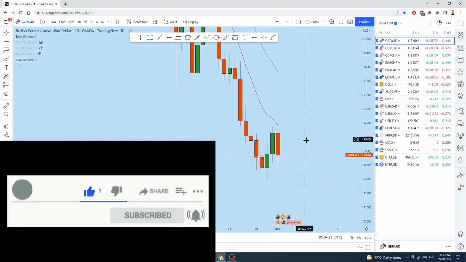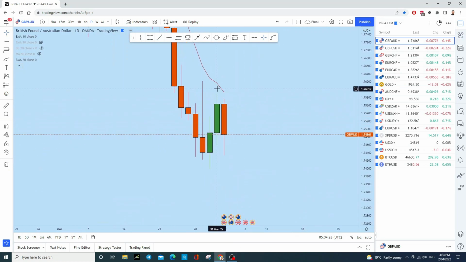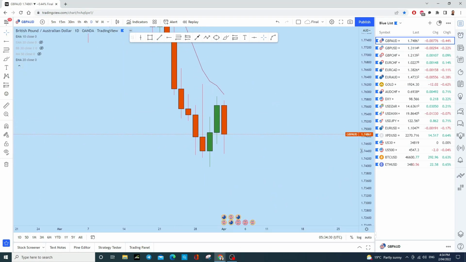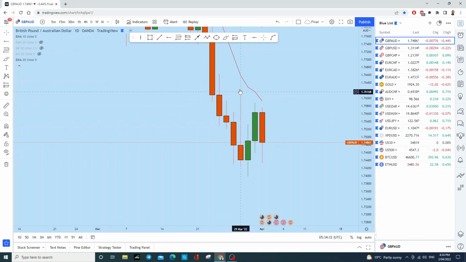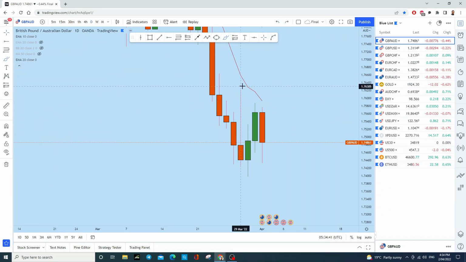Now what we see that GBPAUD in this daily time frame, this is a strongly bearish candle. And why this daily candlestick pattern is very important is because you see there is a long wick doji here. You see there is a doji here with this long wick, and this is a strongly selling zone, selling market.